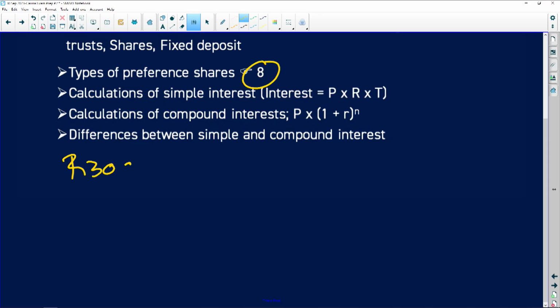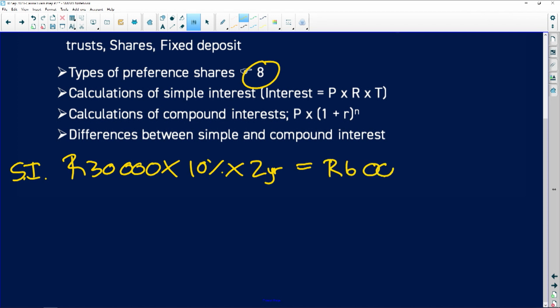All right, so hypothetically speaking, let's say you've got 30,000 Rand, which you invested at an interest rate of 10% for 2 years. Now, if this is a simple interest example, you can just punch this straight into your calculator and you will get the amount of 6,000.